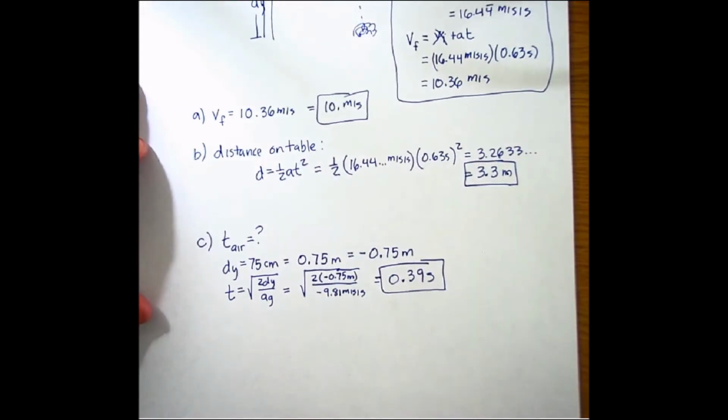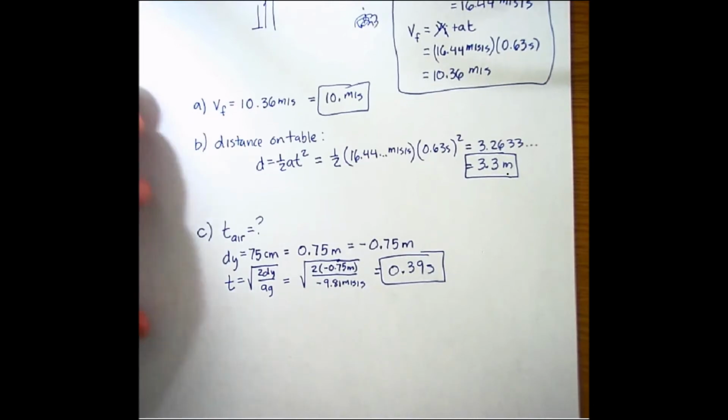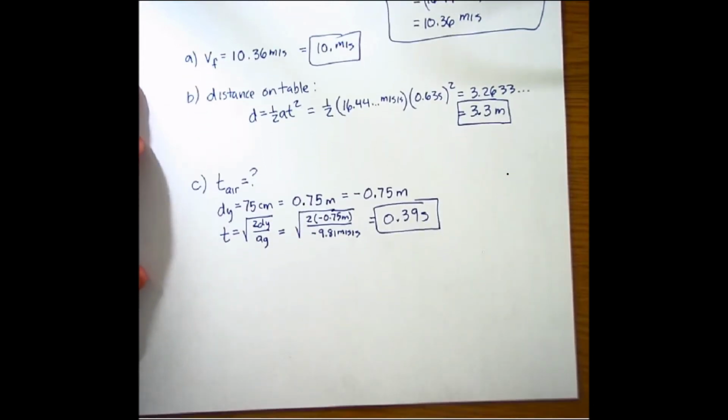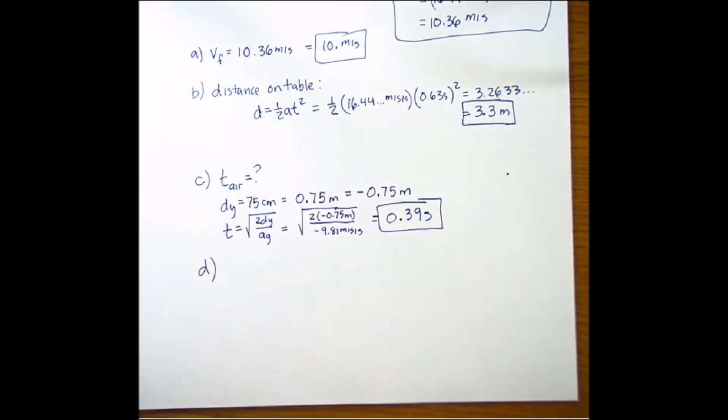When I consider the ball in the cup lab that was done in class, I know that those tables were right around 75 centimeters, and I think the time in the air was something like 0.38 seconds, so this time seems pretty reasonable. So now last thing I'm going to do, letter D, the question asks, what horizontal distance does the ball travel while in the air?